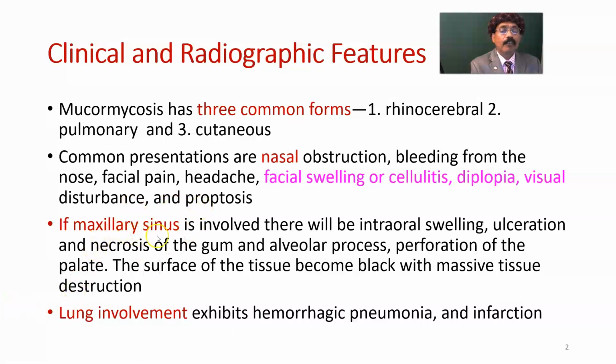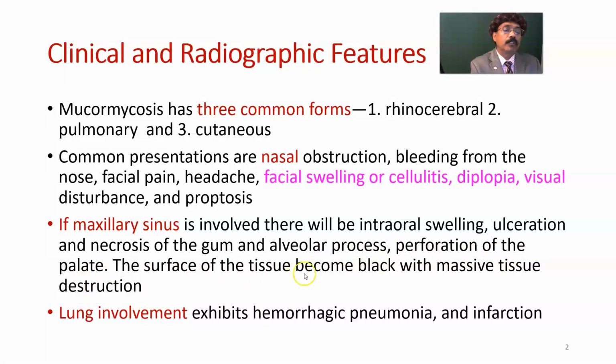If the maxillary sinus is involved, there will be intraoral swelling, ulceration, and necrosis. Necrosed tissue may become black, on the gum and alveolar process of the maxilla or the mandible, usually the maxilla, with perforation of the palate.